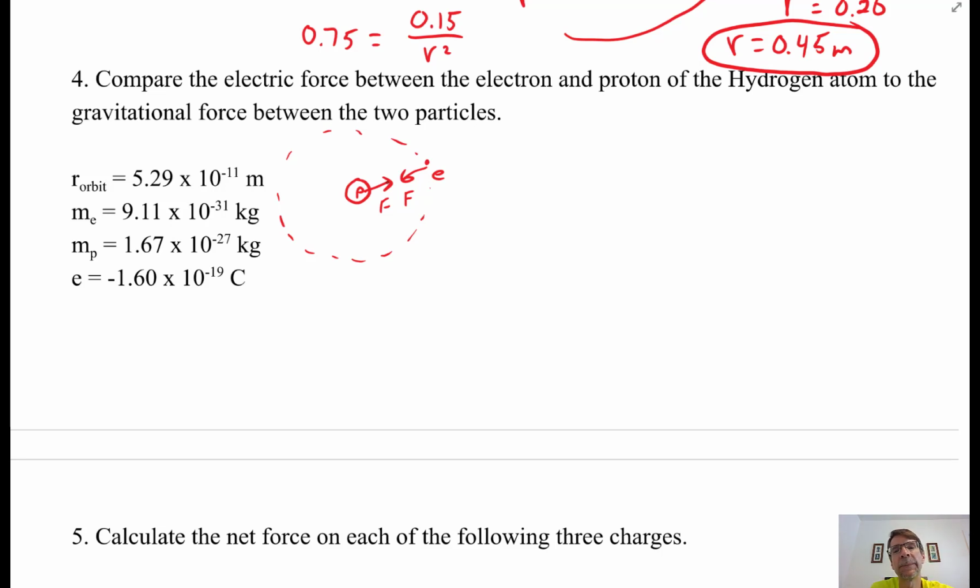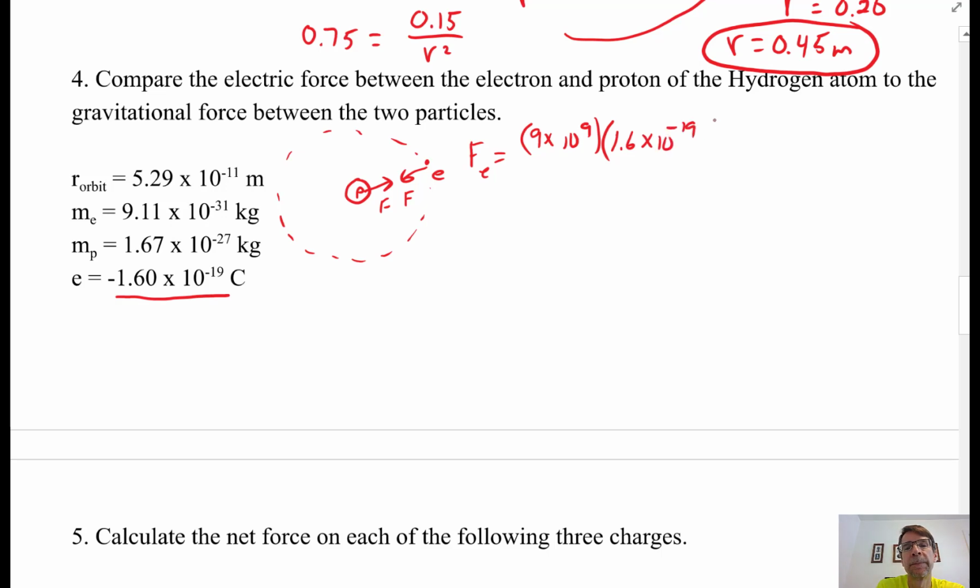It just says compare the gravitational force to the electrical force. I'm going to do this one a little bit faster. So the electrical force is going to be 9 times 10 to the 9th times charge number 1, which is an electron. Now, once again, the electron is negative 1.6 and the proton's positive 1.6, but you don't need a negative there. It's going to be 1.6 times 10 to the negative 19th.